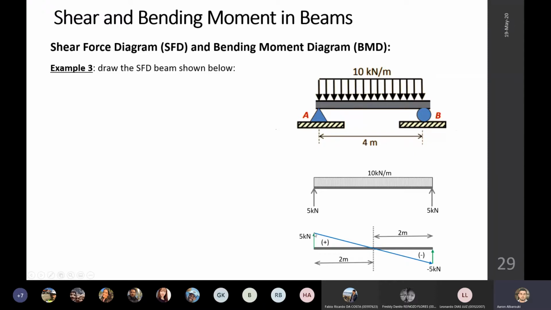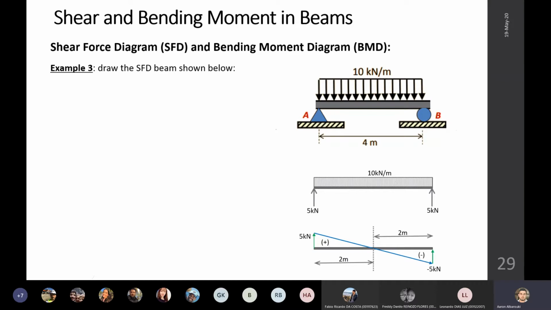As you can see, the shear force diagram under a uniformly distributed load will be different from the point load. We'll start making a diagonal, meaning not straight. It could be increasing or decreasing, depending on the direction of the force.